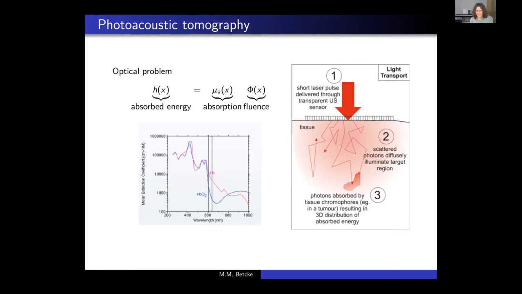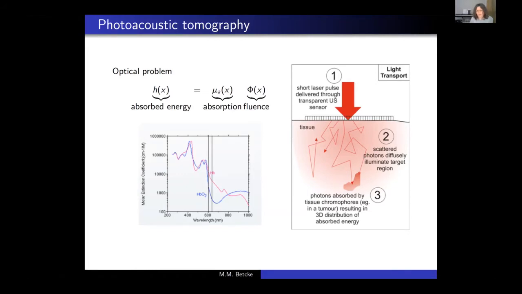This light propagates through the tissue, and as we are not transparent, this propagation is limited in depth and diffusive. This gives us a distribution of the photons in the tissue to a depth of about 1 to maximally maybe 2-3 centimeters.